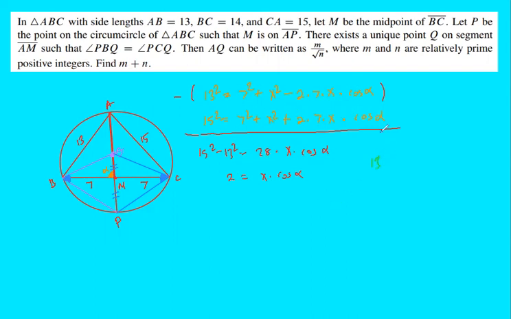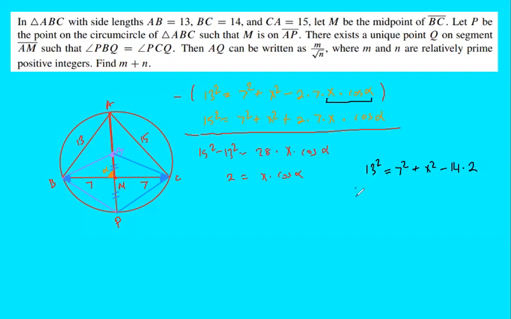So I had 13 squared. Okay, let me use a different one. So 13 squared is equal to 7 squared plus x squared minus 14 times x times cosine alpha. We know this piece was equal to 2, so I can replace it with that. That's 169, that's 49.